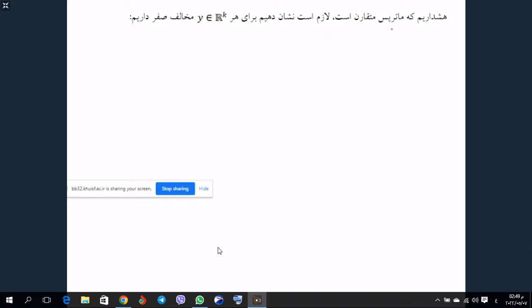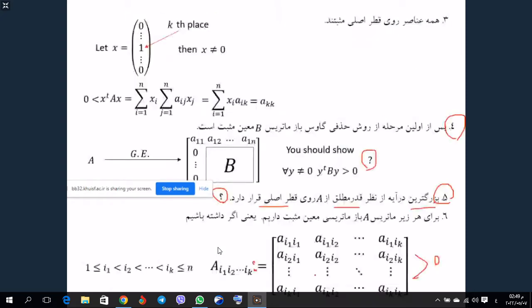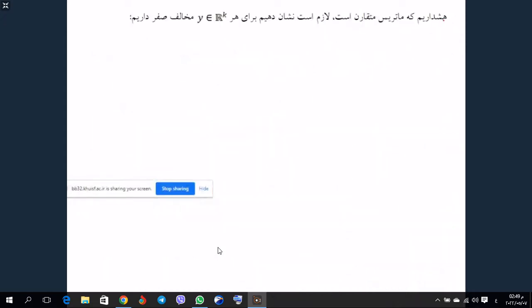So we want to show that, and after that, using these properties to prove this one and this one. Consider the first matrix is symmetric, so the submatrix will be symmetric again.